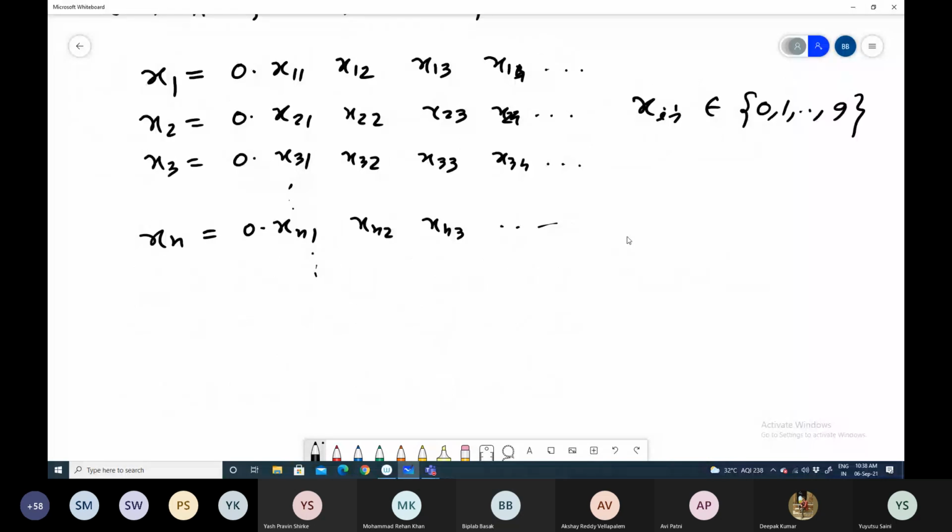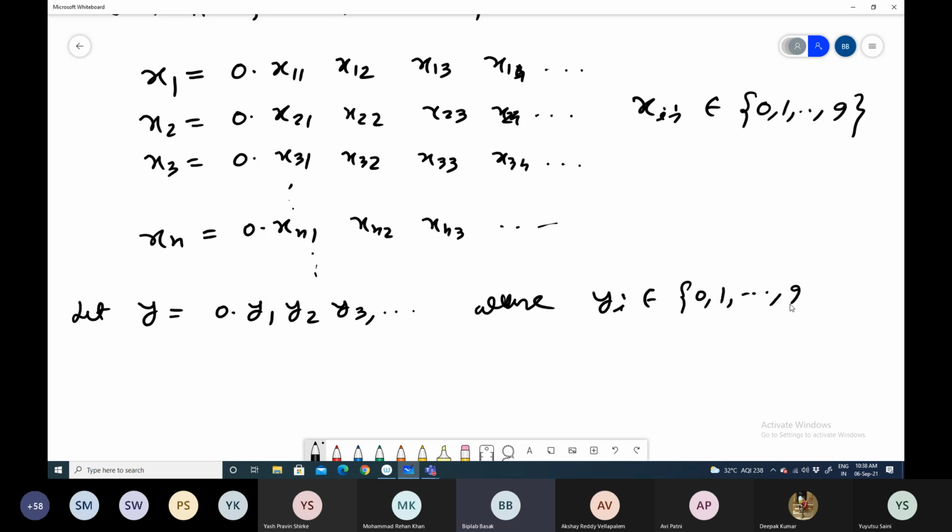Now again we define a new element. Let y equal to 0.y1, y2, y3 in this way, where yi belongs to the set {0, 1, up to 9}.